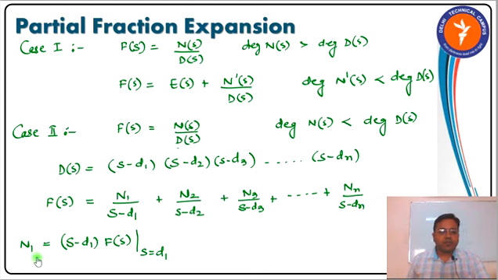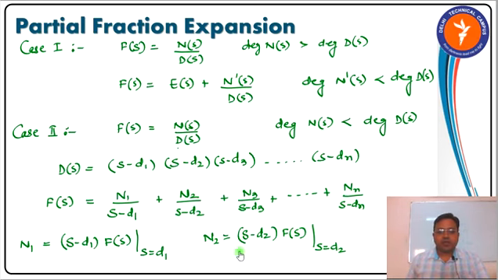So I will get the value of n1. Let us similarly calculate the value of n2. n2 will be (s minus d2) multiplied with F(s) at s equal to d2, and so on.